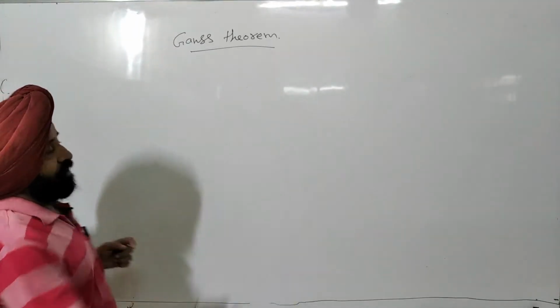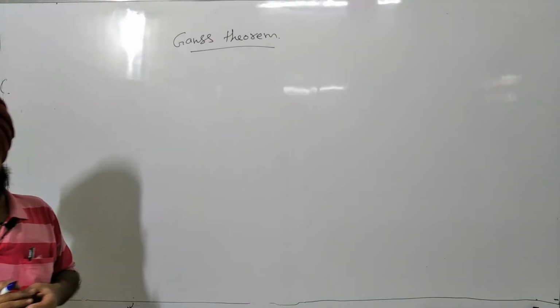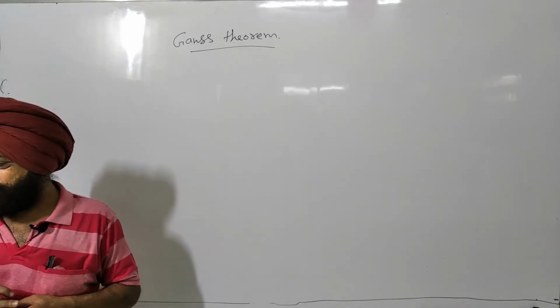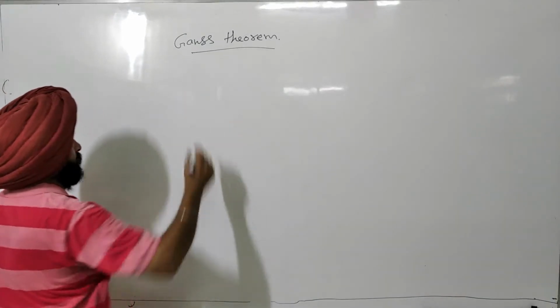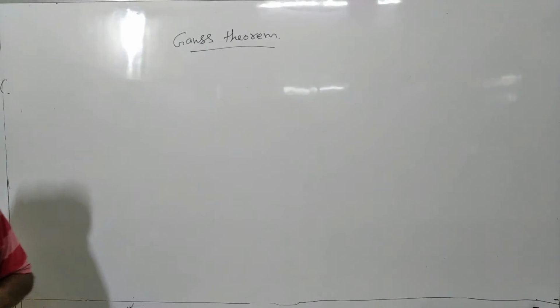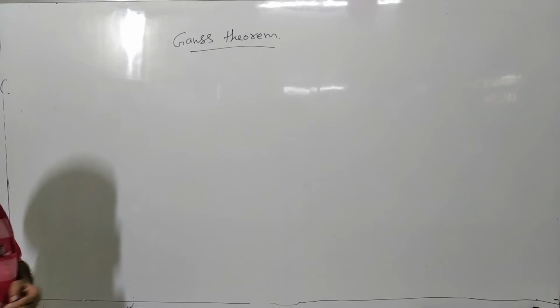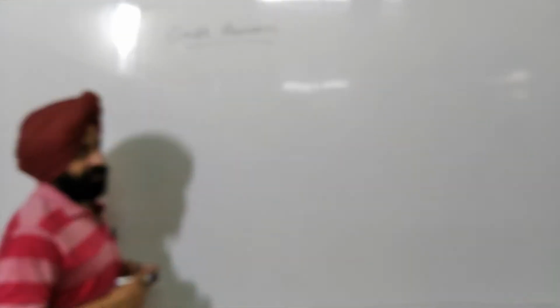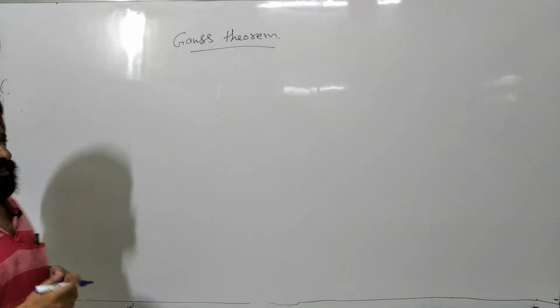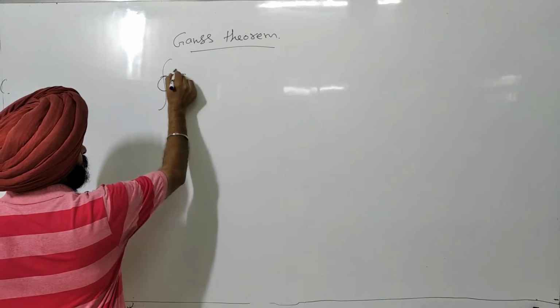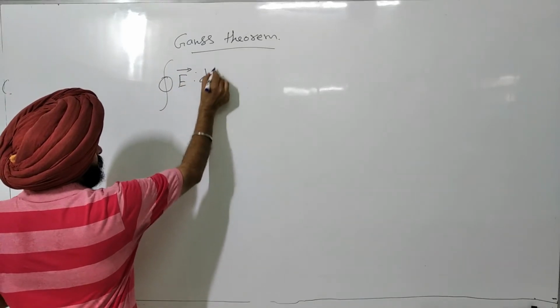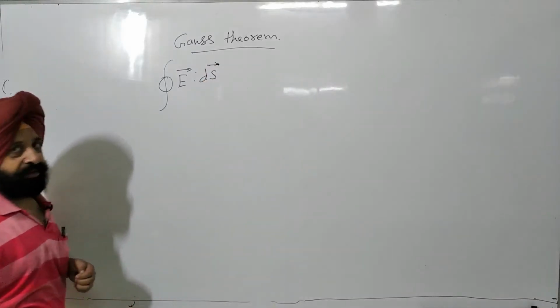So what is the Gauss theorem? It is the surface integral of the electrostatic field by any source over a surface area S in the vacuum, that is, the surface integral of the electric field over a small area element dS.